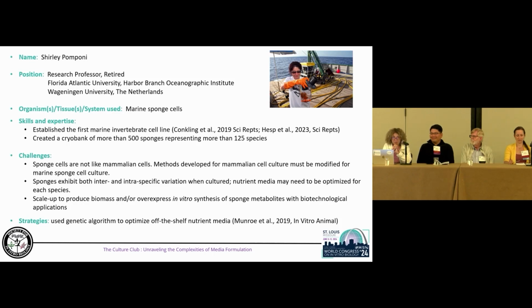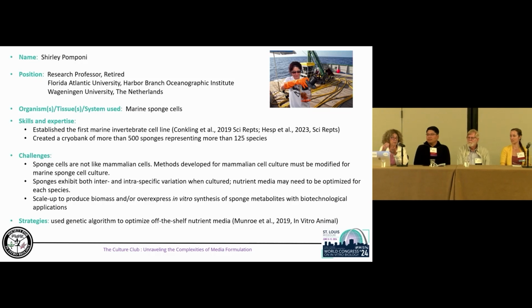The problem with sponge cells, and probably any marine invertebrate, is that they're not like mammalian cells. The methods that have been developed for mammalian cells always have to be modified, whether it's your medium, of course, because the cells are growing in 10 times the salinity of mammalian cells, for example.